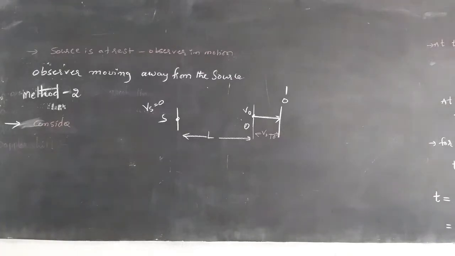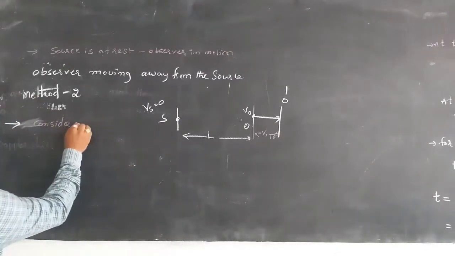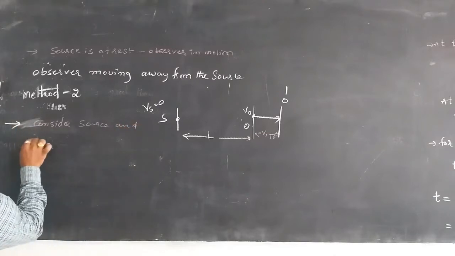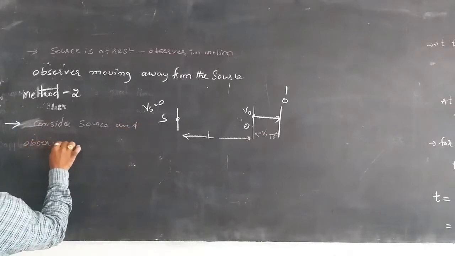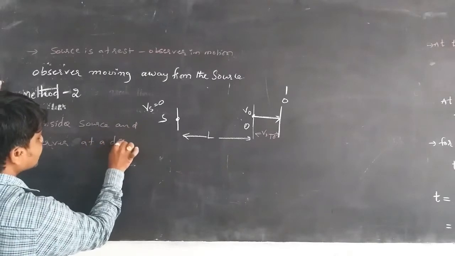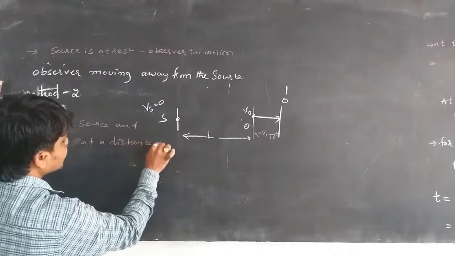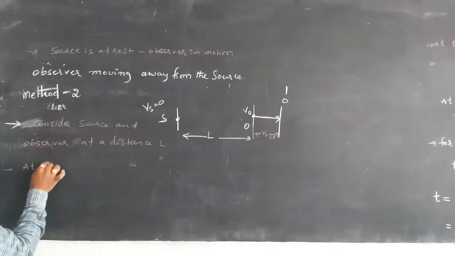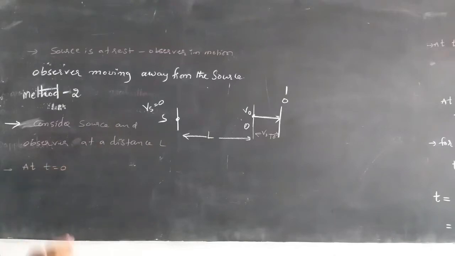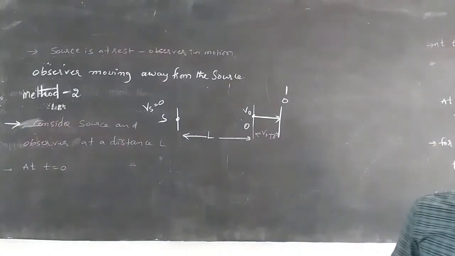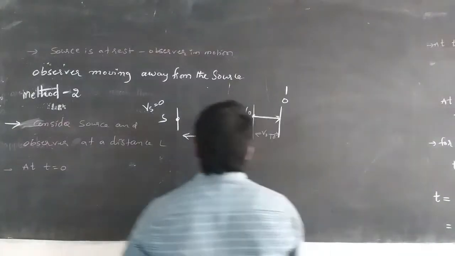Consider here the source and observer at a distance L. At time t equal to 0, the source has produced one wave, that is the first wave.